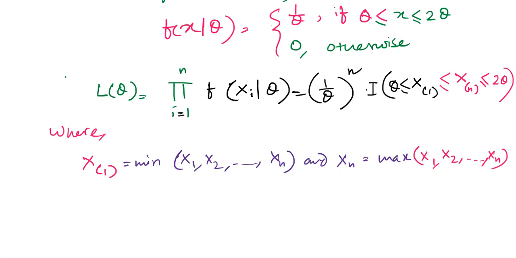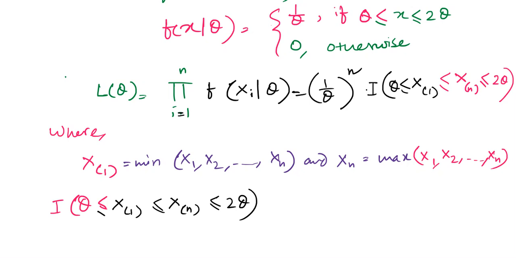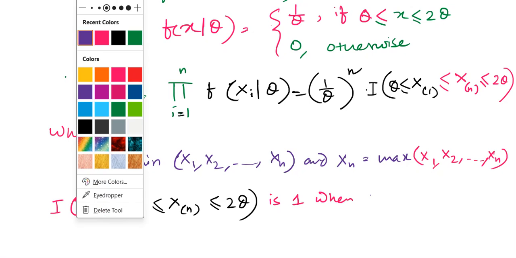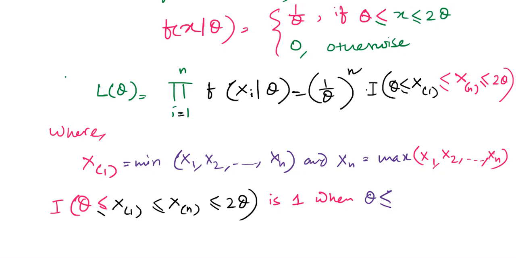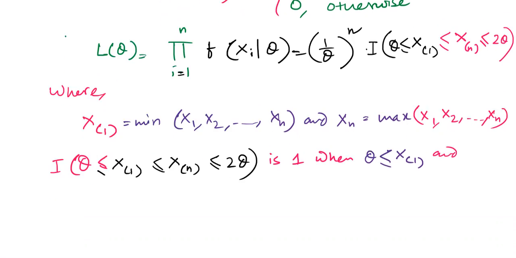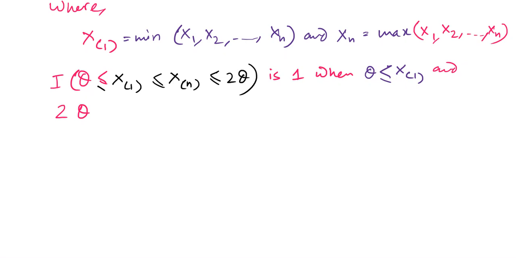Since the indicator function I of theta less than or equal to x1 less than or equal to xn less than or equal to 2 theta is 1 when theta is less than or equal to x1 and 2 theta is greater than or equal to xn.